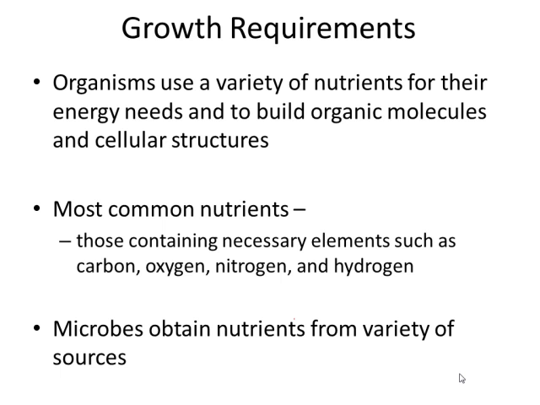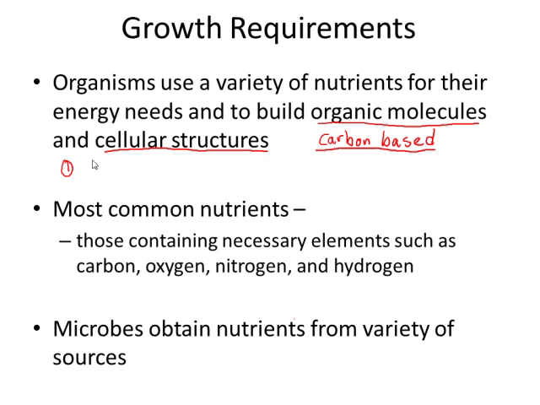Organisms use a variety of nutrients for their energy, and they need to build their organic molecules and cellular structures. An organic molecule is a carbon-based molecule. And there are four major classes of carbon-based molecules that are very important in producing these cellular structures.